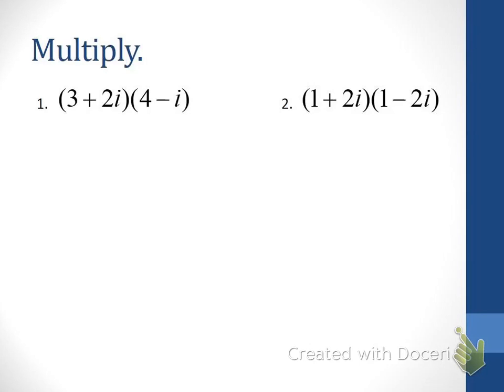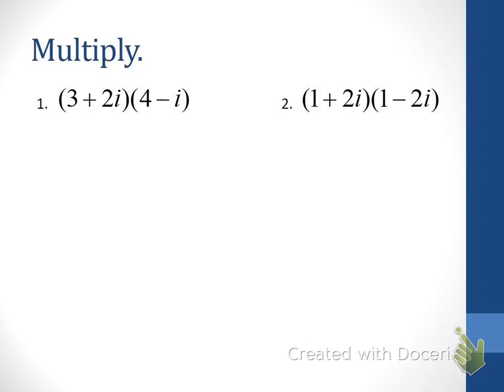So to help remind what we do with imaginary numbers when we're multiplying, because if we are using factors to get back to a polynomial, that means we're going to be multiplying some stuff. We have a couple of review problems here. Go ahead and double distribute these out and simplify down, and we'll see what you come up with.